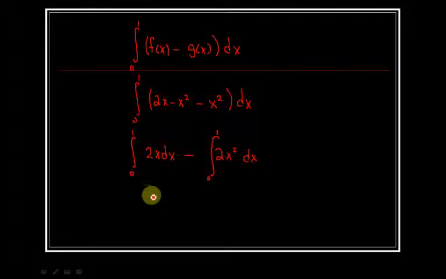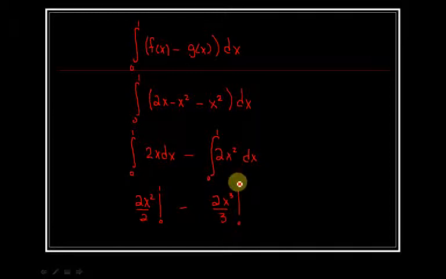Now these are easy ones, and they've come out nice for us. So let's go ahead and take a look at that. What will that come out to? It's going to be 2x squared over 2 evaluated between 0 and 1 minus 2x cubed over 3 also evaluated between 0 and 1.